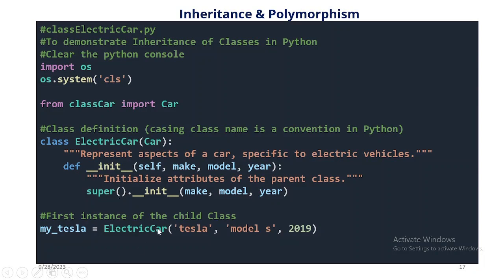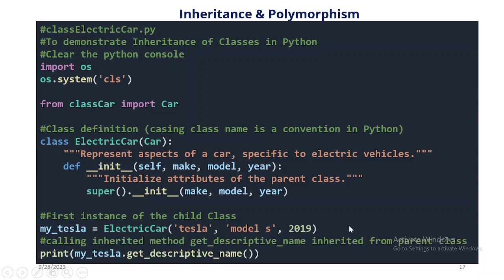We just made the program simple by calling it right here inside the program. So we say my Tesla equal to ElectricCar Tesla Model S 2019, and we can say print my Tesla.get descriptive name, which was a method of the parent class.